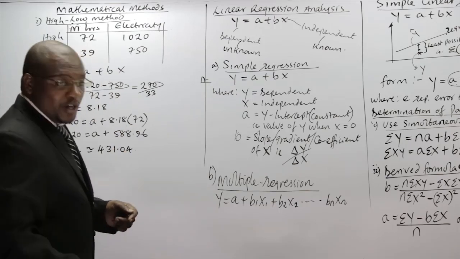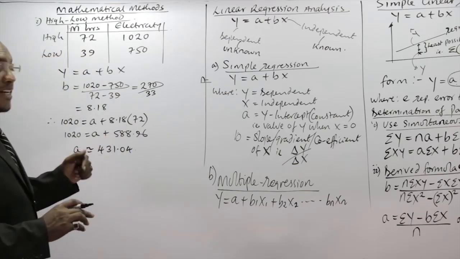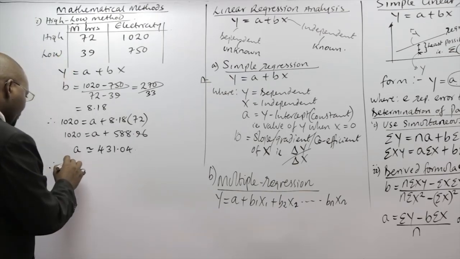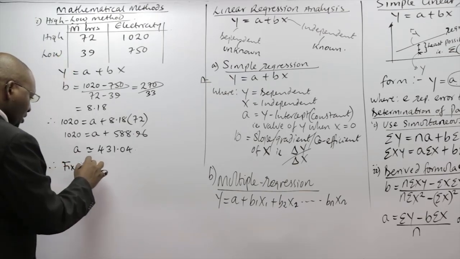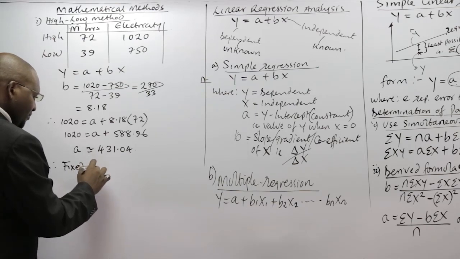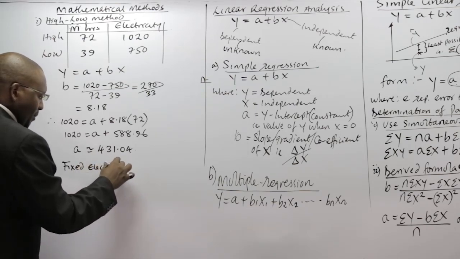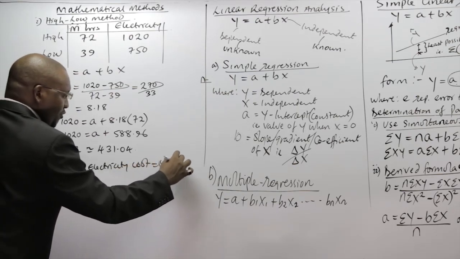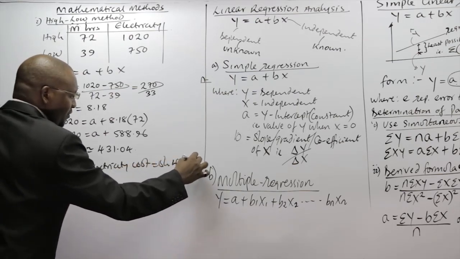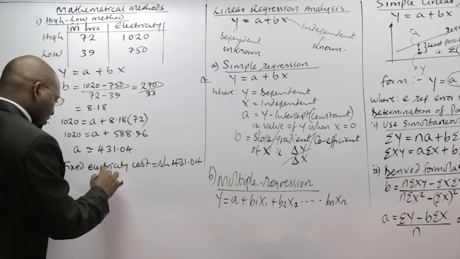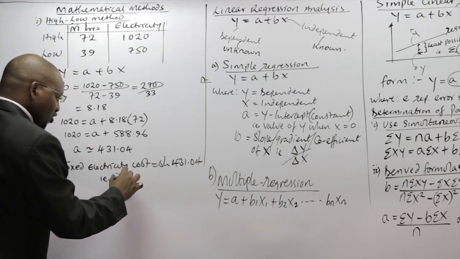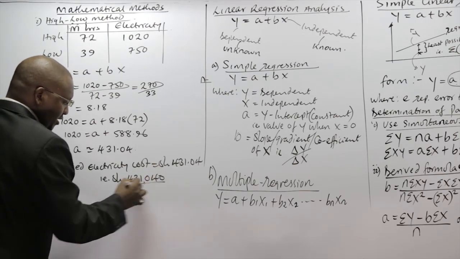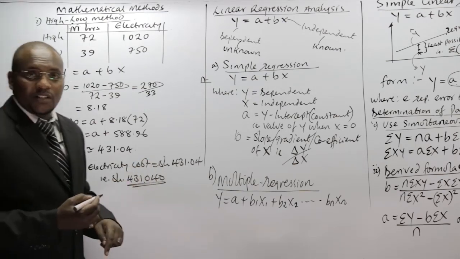Now we are told to come up with the fixed and the variable. So we have the fixed electricity cost, which is shillings 431.04, that is in full shillings 431,040.